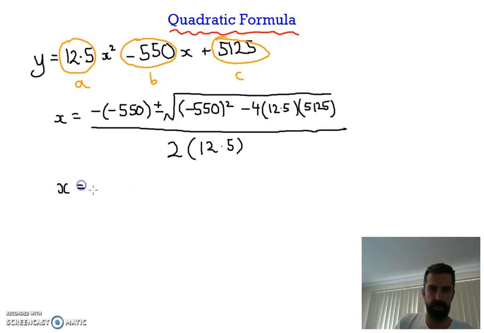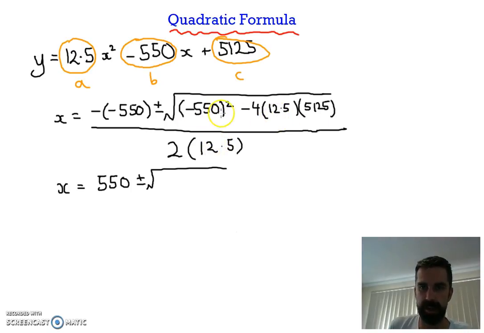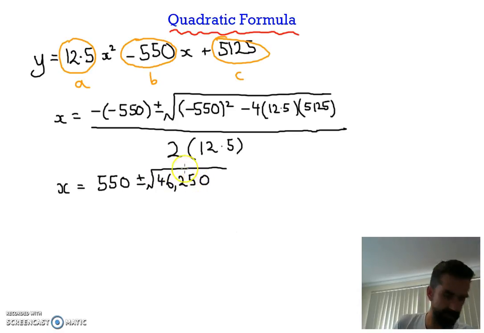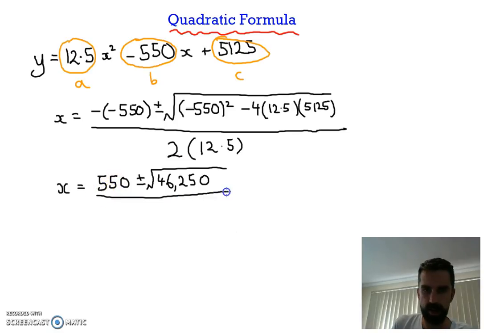Alright, so this will take a bit of doing on your calculator. So that'll be 550 plus or minus the square root of, now I'm not going to go through this here, but you can basically punch this straight into your calculator and you should get 46,250. 2 times 12.5 is 25.